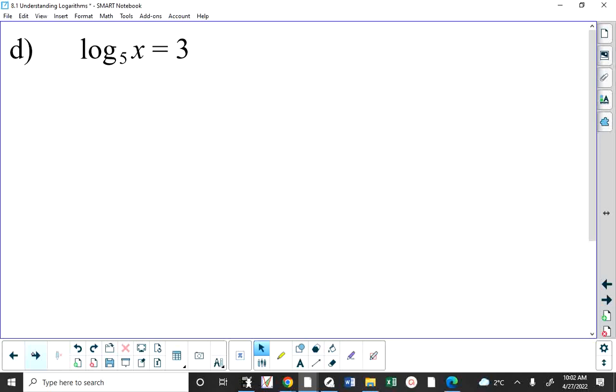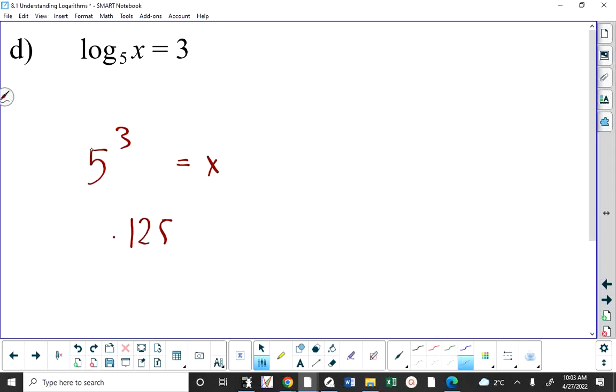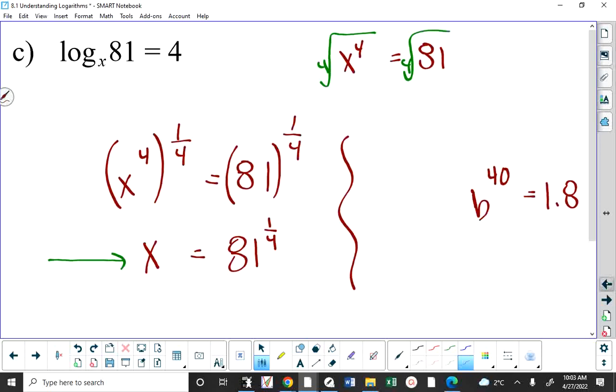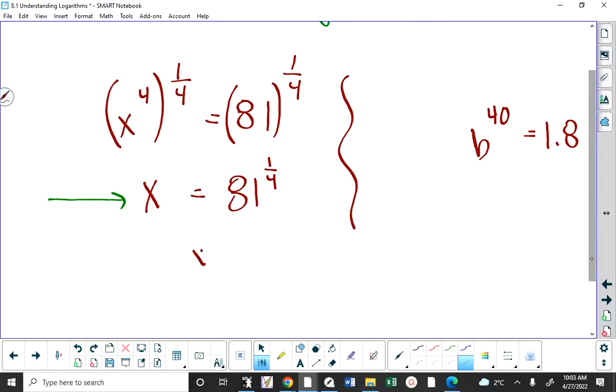If you have to take that preliminary step of writing 5 to the 3 equals x, and then that light bulb goes on in your head where you go, oh, x is 5 to the 3, I'm going to figure out what 5 to the 3 is. That's fine too. But this is 125. X equals 125.